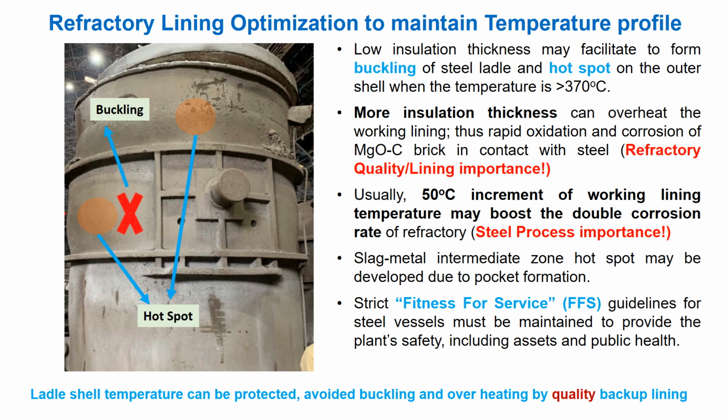For example, low insulation thickness may facilitate the buckling of the steel ladle and hot spots on the outer shell when the temperature is more than 300 degrees centigrade. But more insulation thickness can overheat the working lining, thus rapid oxidation and corrosion of magnesia carbon brick in contact with steel.